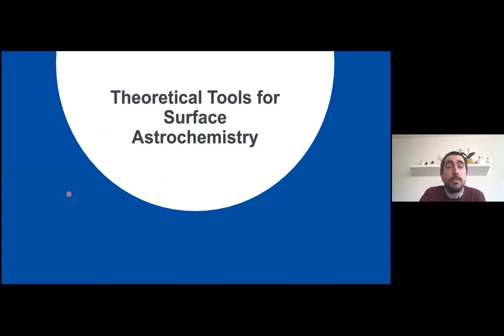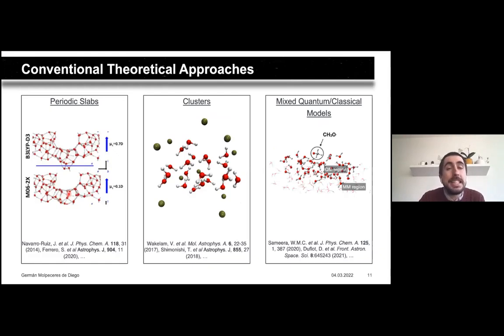Then let's move to how we usually treat this computation. So there are several approaches to treat surfaces and physical and chemical processes occurring on interstellar surfaces. Some of them are gathered in this slide and range, for example, to construct periodic slabs of different ices, representing a particular ensemble of water molecules in the case of water ice, to reproduce a particular binding situation of particles with the ice.